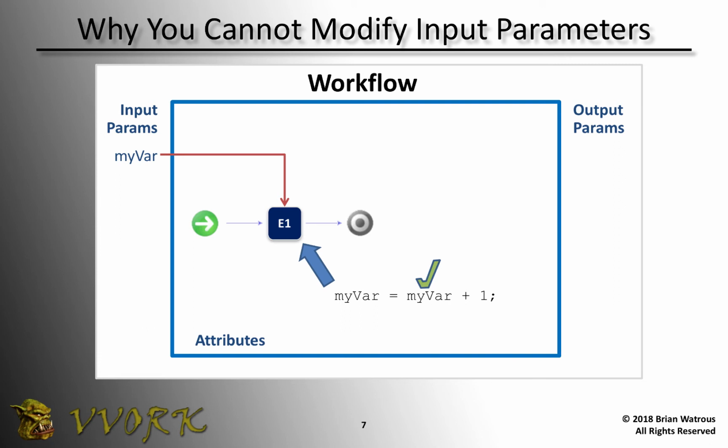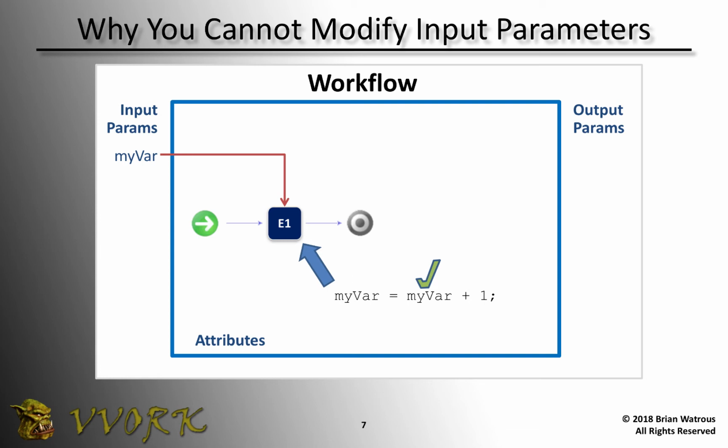In order to do that expression, we need to know what's in the variable called myvar. Well, that local variable called myvar is inwardly bound to the input parameter called myvar, so the code on the right side of this expression will work. We can successfully say myvar plus 1 and calculate the result of that expression.